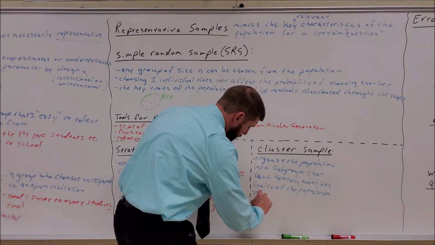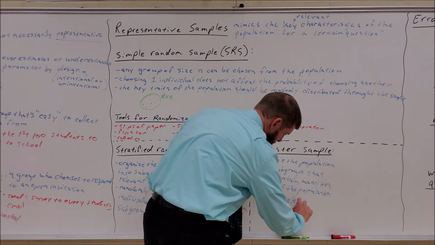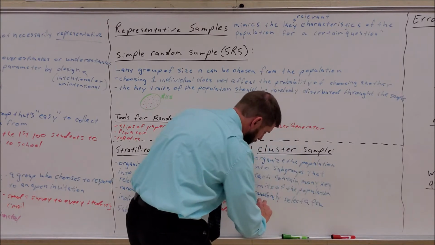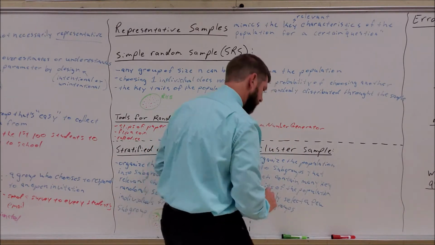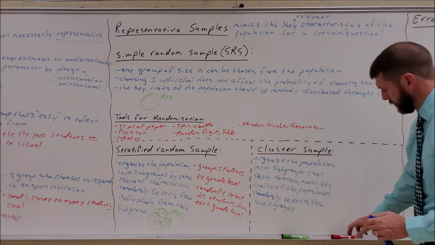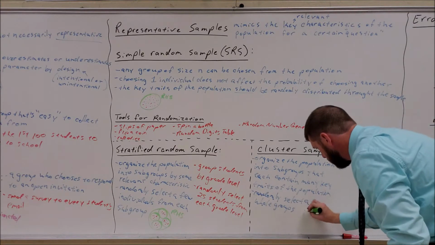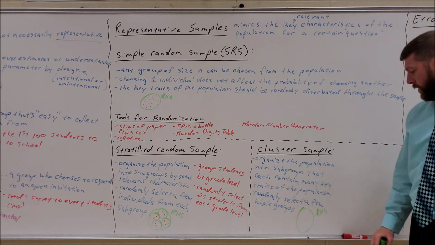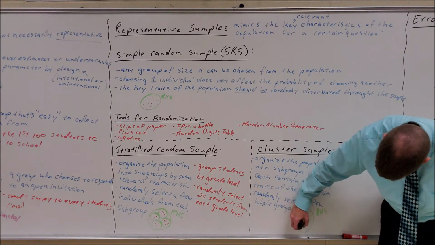Then what we want to do is randomly select a few whole groups. All right, so if I'm looking at my population of RHS here, of Riverdale, maybe I'm grouping them by some small characteristic, some small trait.